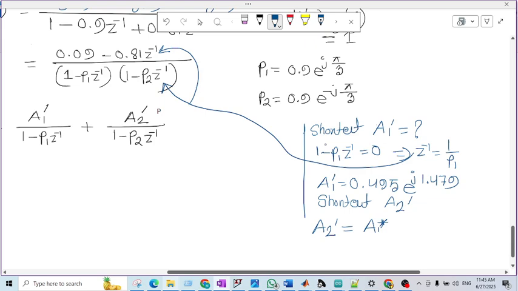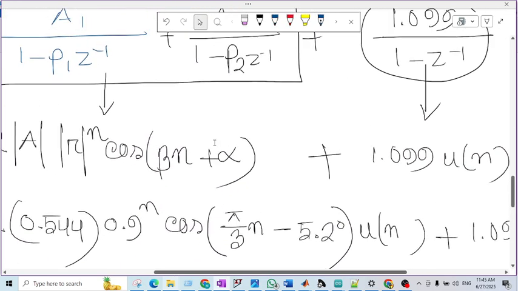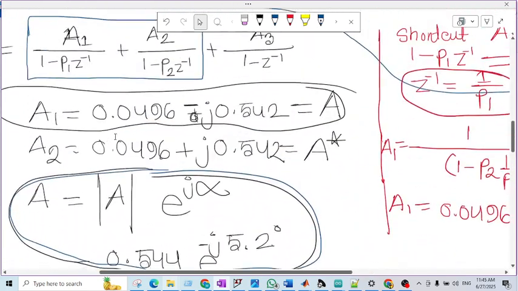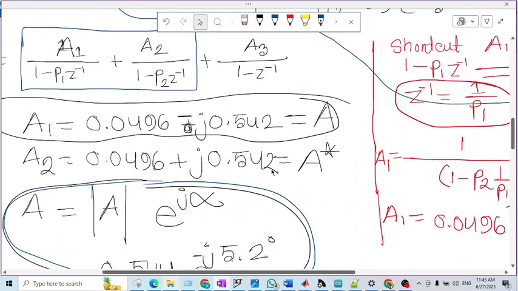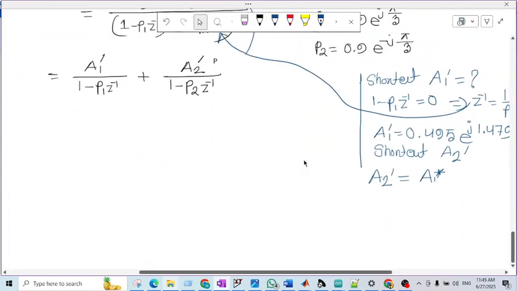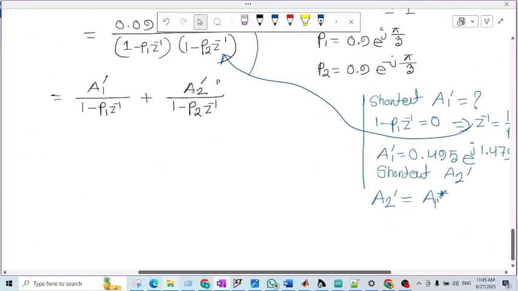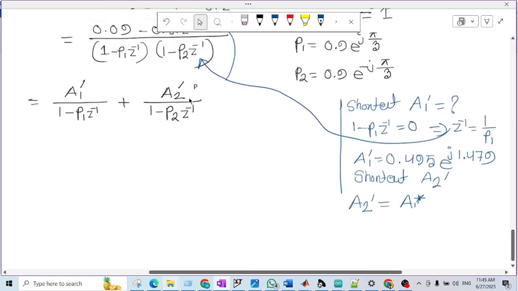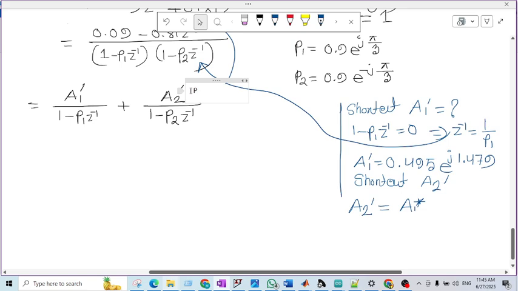As you have seen previously that a1 and a2 are each other's conjugate, similarly a1 prime and a2 prime are each other's conjugate. So if you find one, you will automatically find the other.